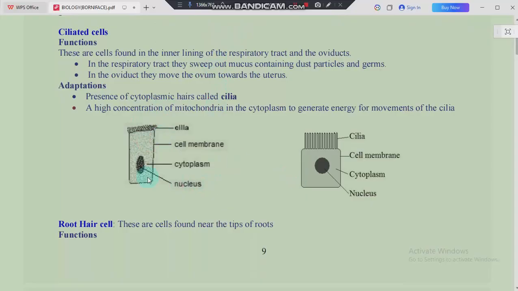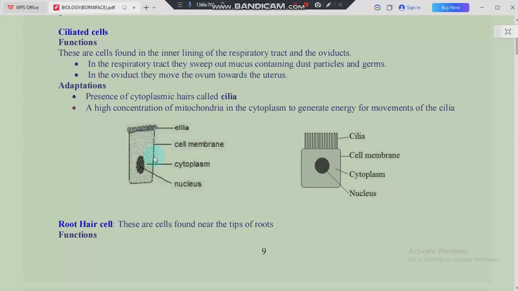All right, so this is the structure of our ciliated cell, and we are able to appreciate these hair-like cytoplasmic hairs on top. The structure on top, we call it the cilia, which is the structure which is responsible for sweeping out the mucus containing dust particles in the respiratory tract.